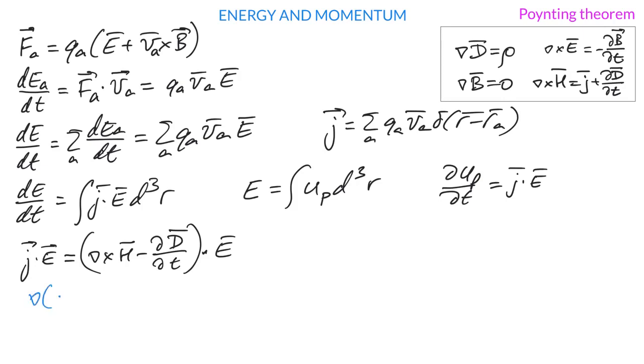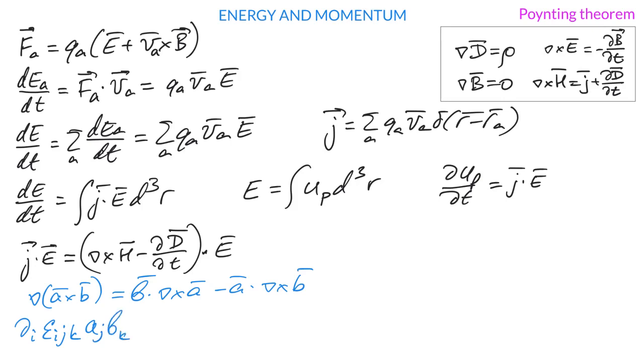Now I want to use a vector identity that goes as follows. The divergence of a cross product, A cross B, equals B dot curl A minus A dot curl B. Let me prove it for you using vector notation. The left-hand side we write as d_i epsilon_ijk a_j b_k.